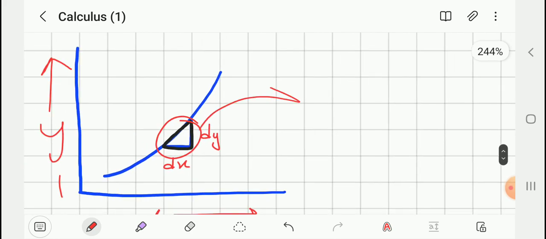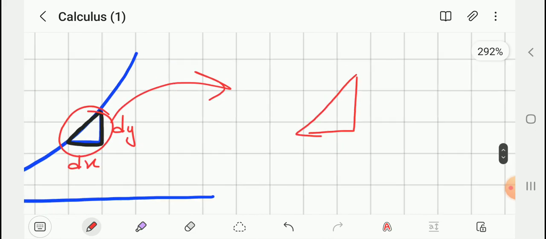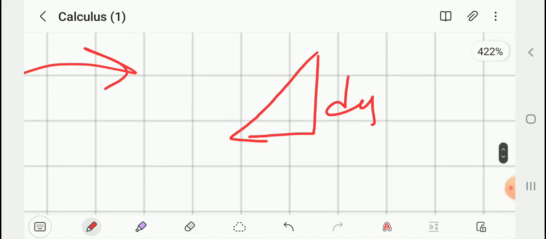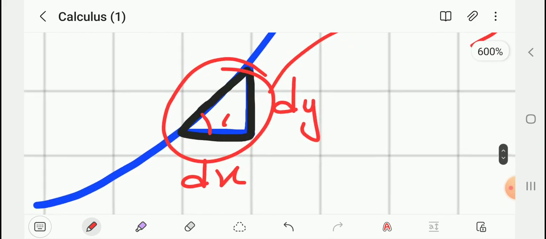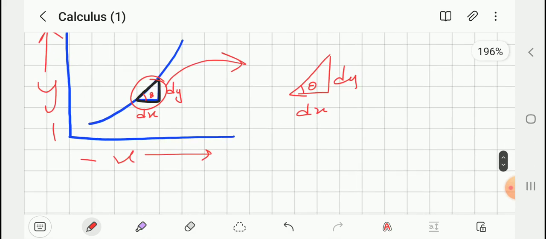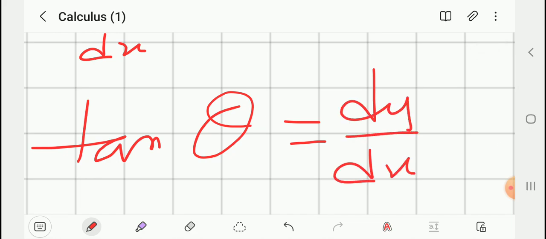If we extract this region, we find a similar triangle with dy and dx, and the angle is theta. So tan theta is equal to dy by dx.